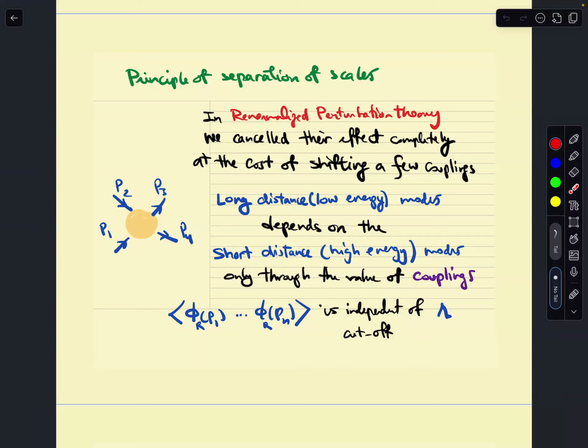So, for example, imagine you have some sort of a process like this. Two particles come, P1, P2, and P3, P4 go, right? These guys are all low energy modes. And all the effects that occur within these diagrams that have to do with arbitrarily high energies, their effect is only going to change the couplings and the field renormalization.